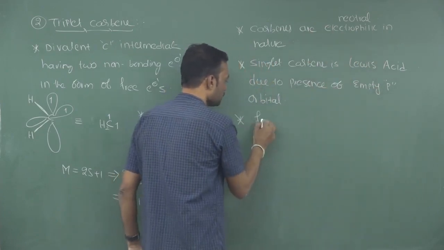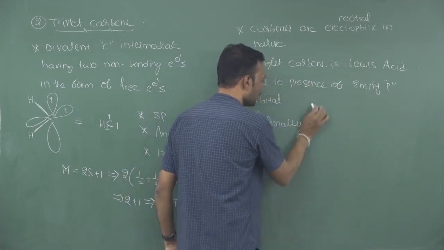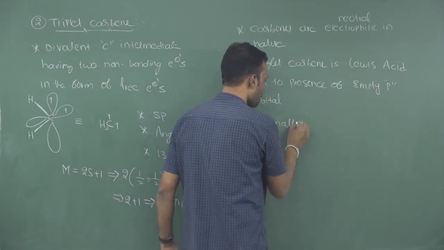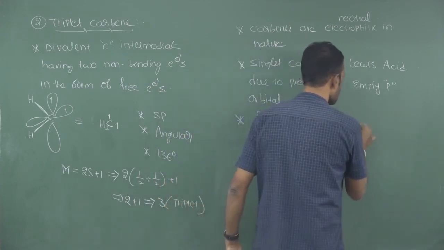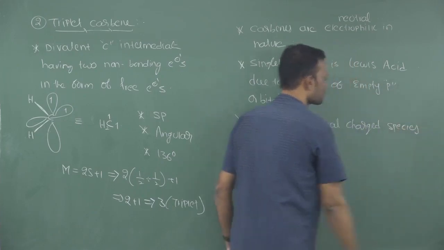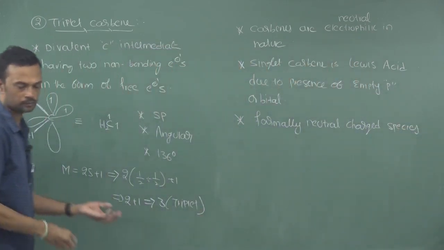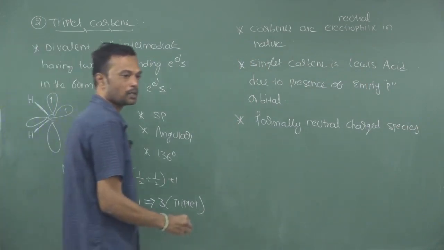So we can say carbenes are formally neutral charged species. Are they paramagnetic or diamagnetic?